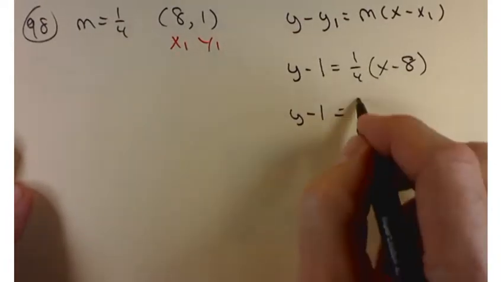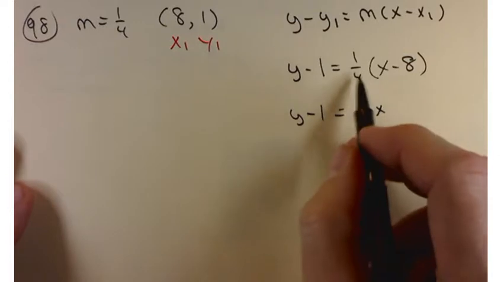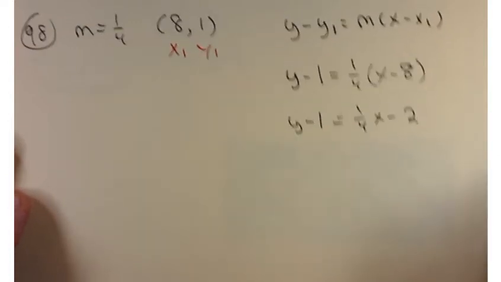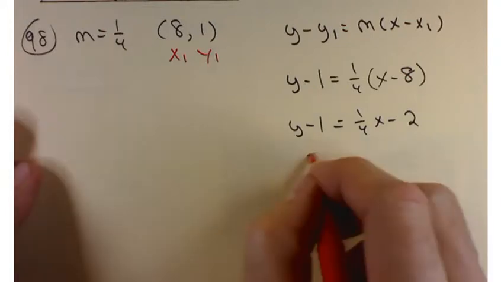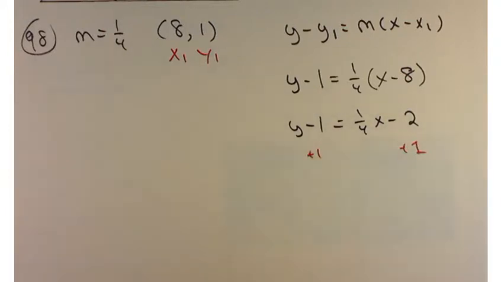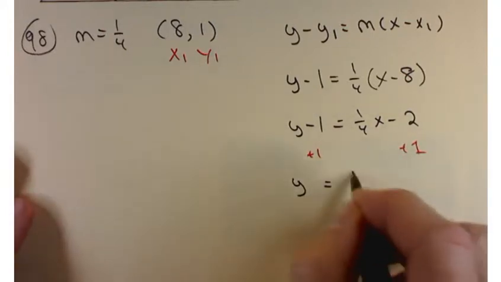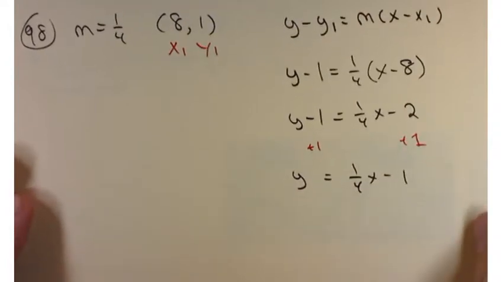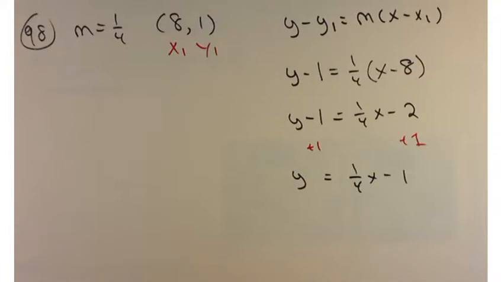Because here I just get 1/4 times x. What's 1/4 of 8? 2. Well, that's nice. And if you add 1 to both sides, you end up with y equals 1/4 x minus 1. Yay. So that's your equation.